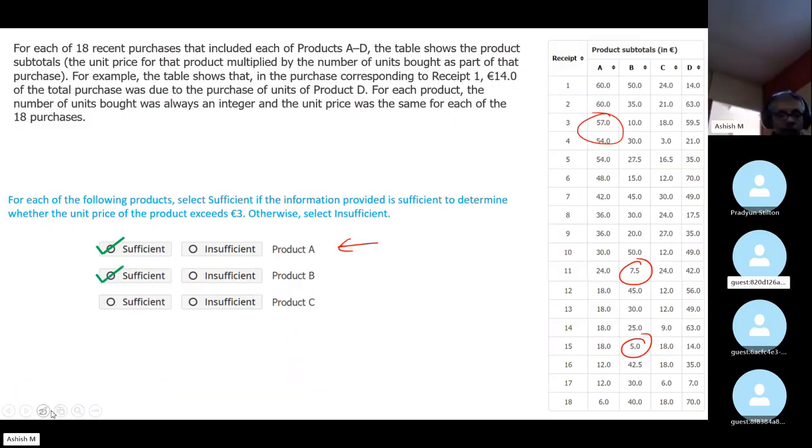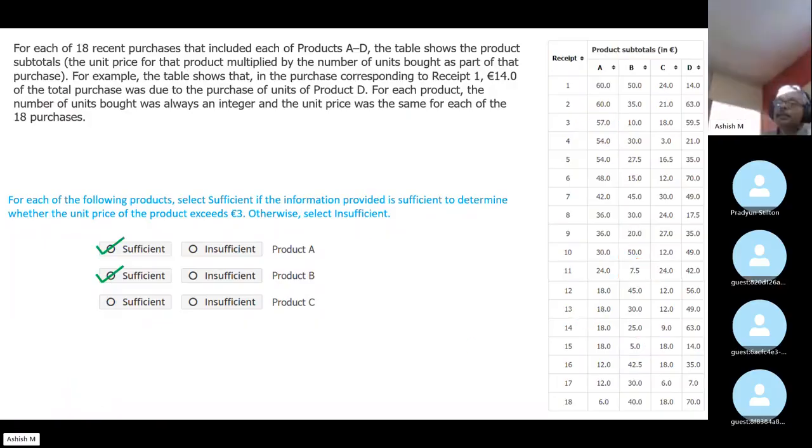Now let's look at the same case for product C. In the actual exam, as long as you understand the logic, what you can do is quickly sort by product A, then sort by product B, and then sort by product C. Let's look at product C again. Sufficient again.